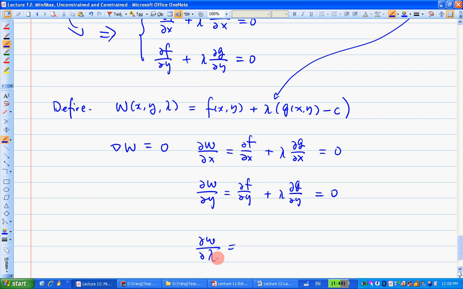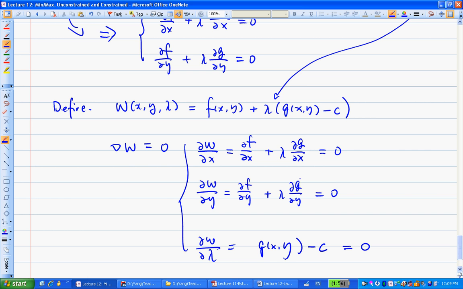So what's the third one? What's the partial W over partial lambda? It's G of X, Y minus C equal to 0. Is that clear? It's a little bit intense here, so let's finish this portion. We probably won't have time to do an example.